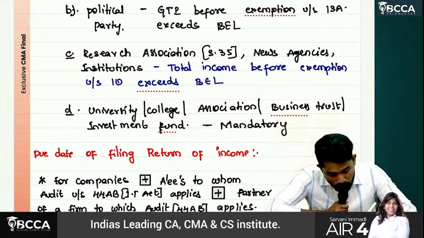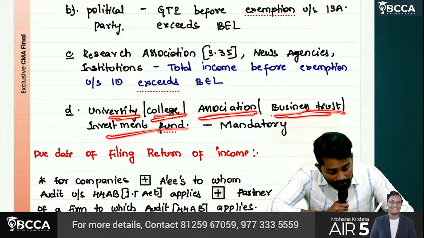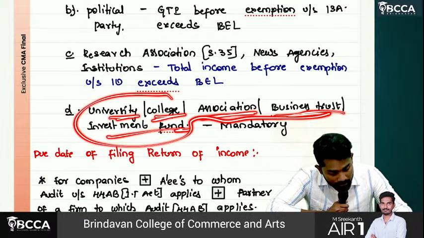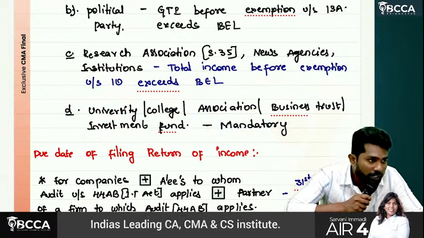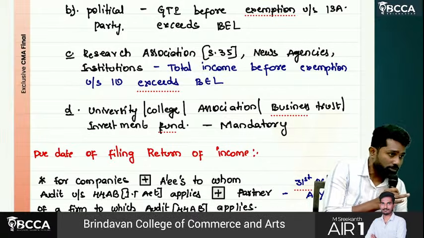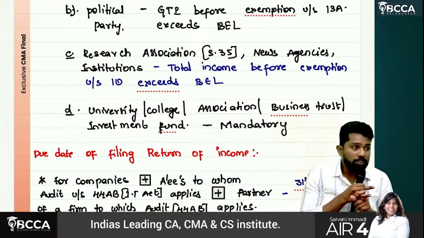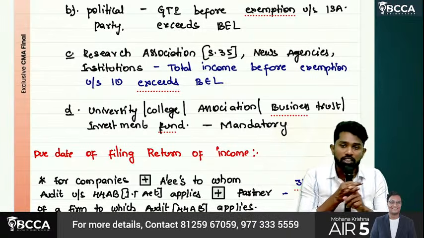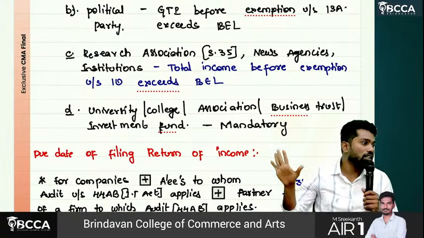Then universities, colleges, associations, business trusts, investment funds, irrespective of their total income, they should file return of income mandatorily. So mandatory people are not only companies and firms, even universities, colleges, associations, business trusts, investment funds also have to file return of income mandatorily irrespective of their total income.